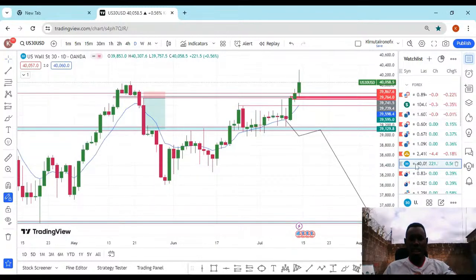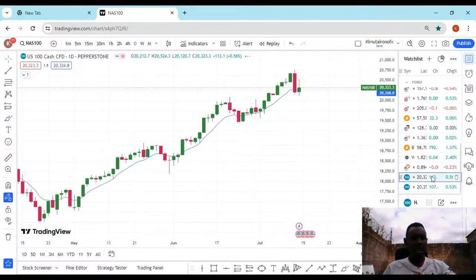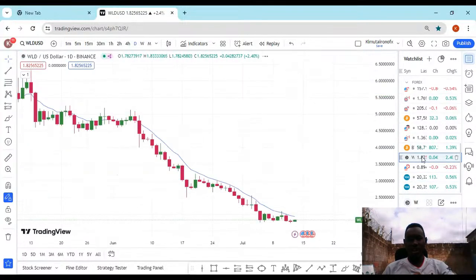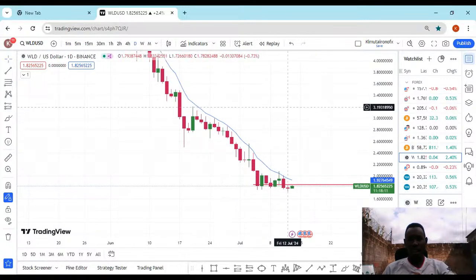So this is the US 30. That is an index. This is the Nasdaq, or the Nas 100. If you see something written at the top, the US 100, that is just the same as the Nasdaq, or the Nas 100. I've also been checking on some cryptocurrencies. One of them has been Worldcoin.